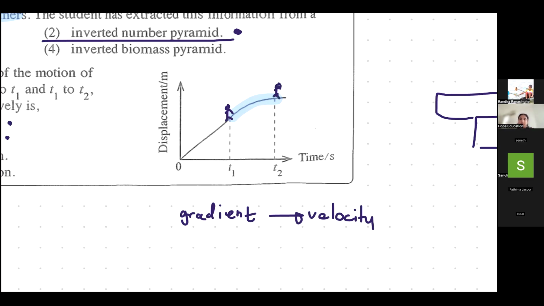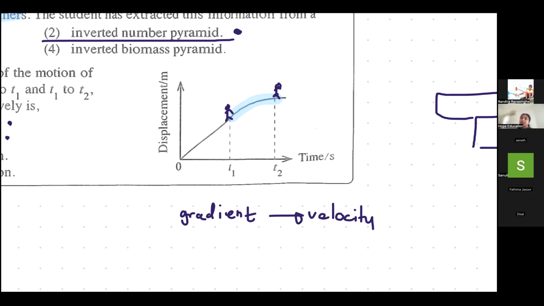Do you see that? If this was a slope and you were climbing that slope, at the beginning it's a bit difficult because the slope is quite steep. But at the end it's easier for you to climb because the slope is flatter. The gradient gives the velocity, so the velocity is decreasing.